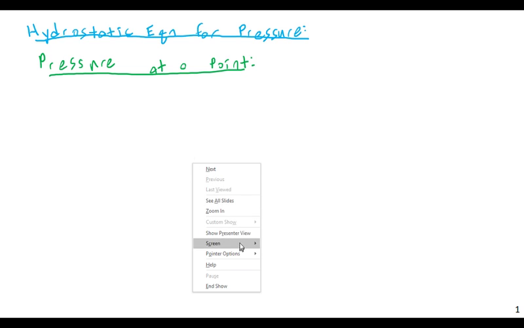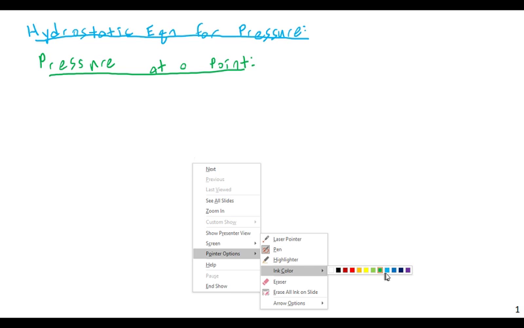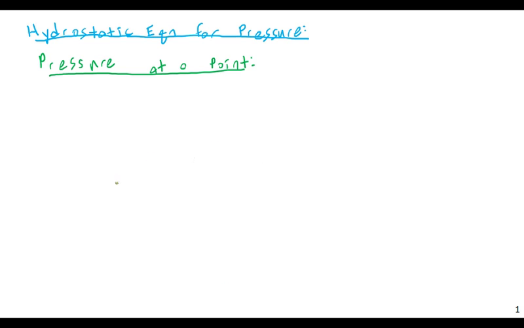Pressure at a point. So let's say I'm going to draw a lovely, high quality 3D axis, which is going to end up very bad, but that's okay.